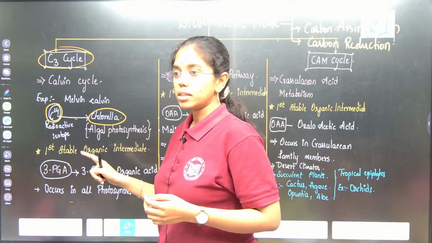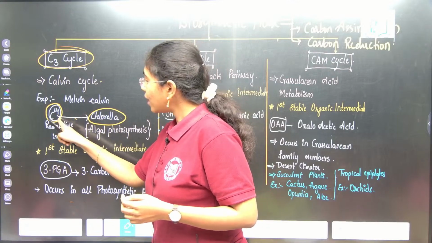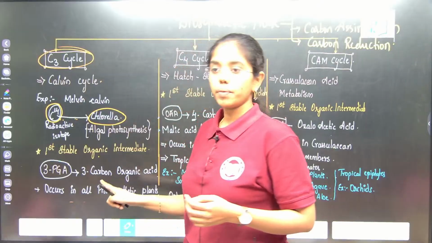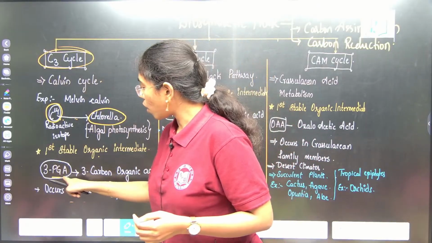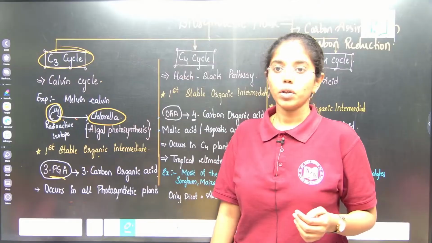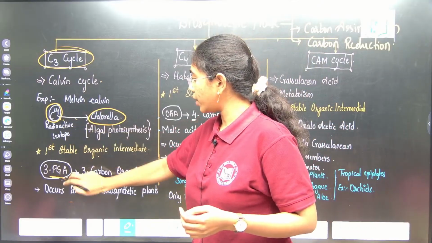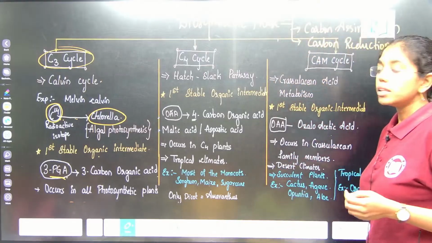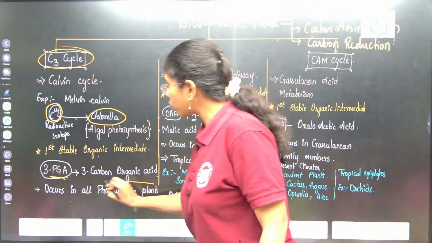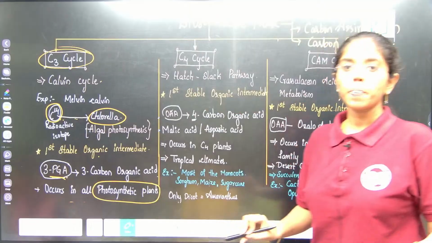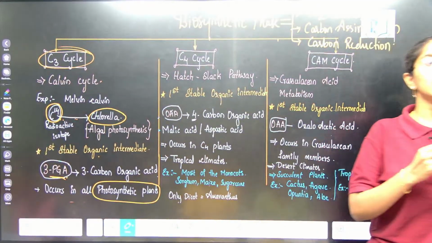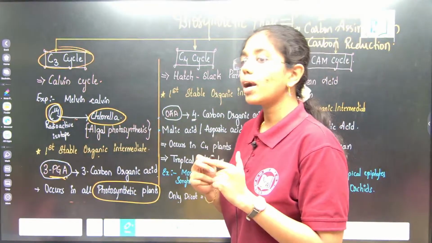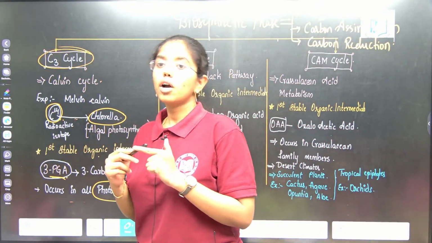Oxygenic photosynthesis. When that occurred, first this carbon is fixed into 3-carbon compound, that is 3-phosphoglyceric acid. Carbon is fixed into 3-carbon compound, that is 3-phosphoglyceric acid. This occurs in all the photosynthetic plants. Now you answer me, C3 cycle is discovered by Melvin Calvin. What is the model organism he has taken? Chlorella.